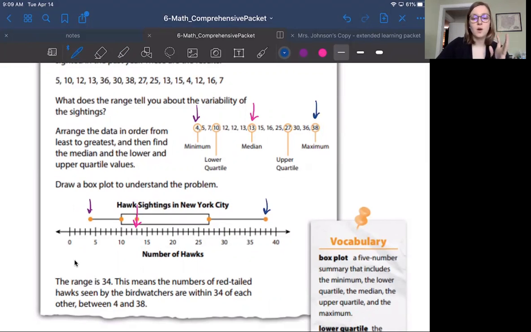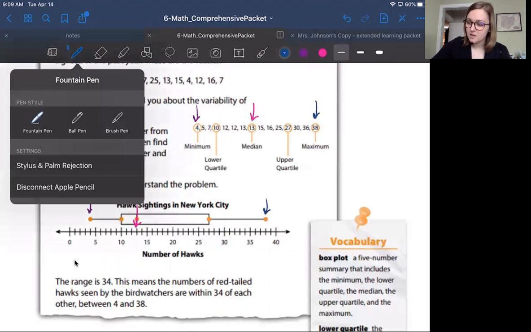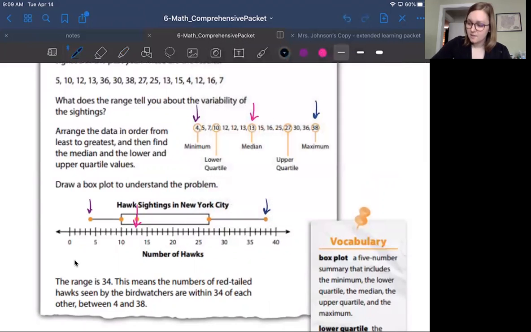I want to talk about the quartile though, right? Half of the data is in the middle there. So what they did was they took a look at all these numbers from the minimum up to the number right before the median, and they basically found the median of those. So they said, well, let's find the middle of those, and it's 10, right?